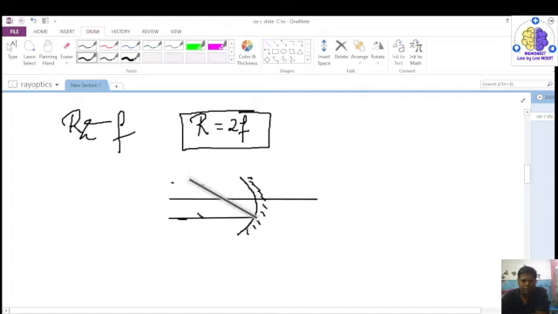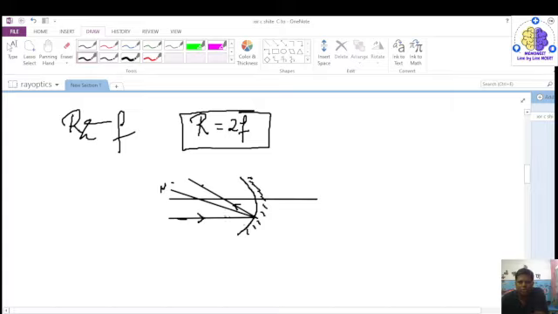This is our incident ray, and this is the reflected ray, and this would be the normal, right?